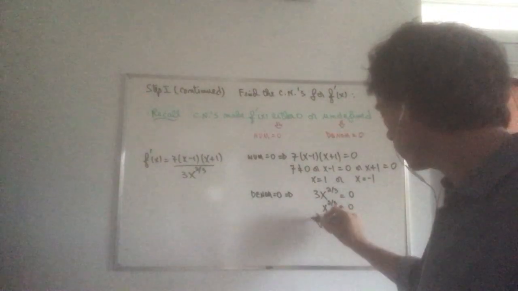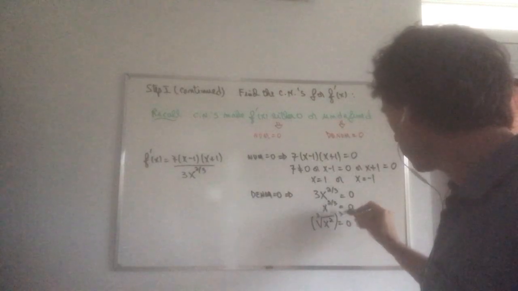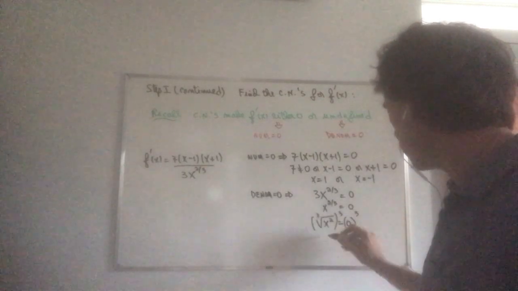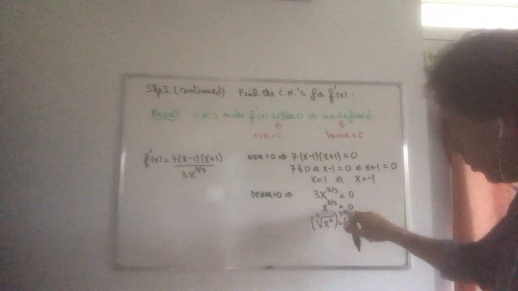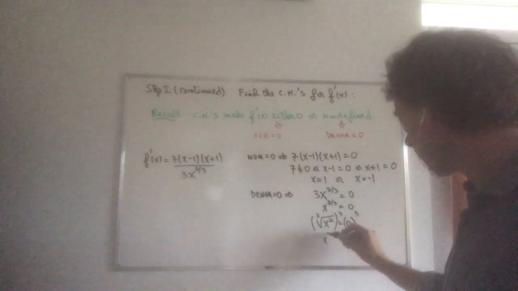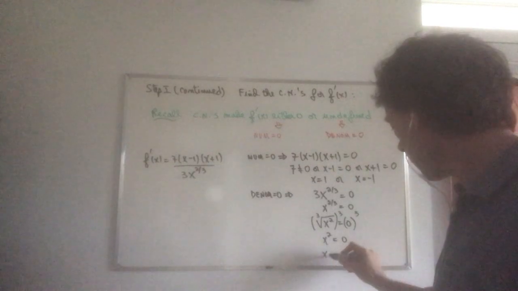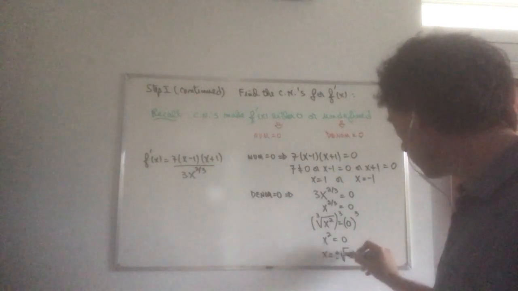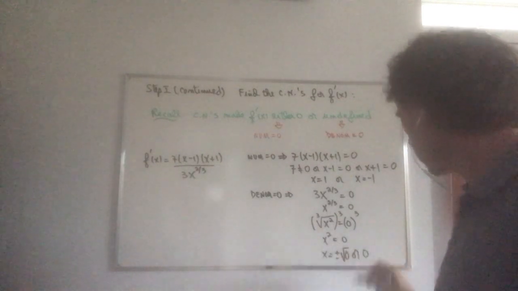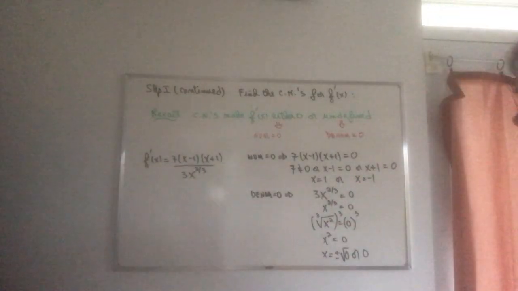You want x, so the best way to get rid of a cube root is to cube both sides. The cube root cubed will give us x squared, and 0 cubed will give us 0. So x is equal to plus or minus the root of 0, or simply 0.